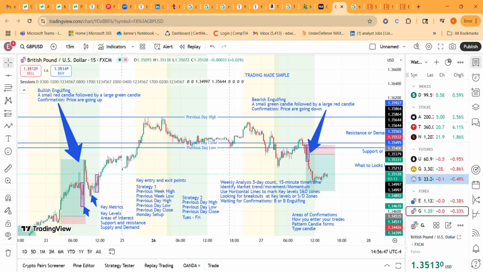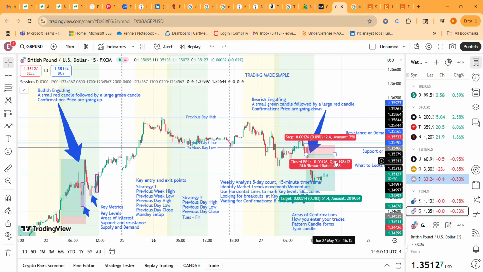So we have to understand the concept of engulfing. We have two types of engulfing candles: a bearish engulfing and a bullish engulfing. Remember that bearish means we are selling, bullish means we are buying. Bullish means prices are going up, bearish means prices will be going down.